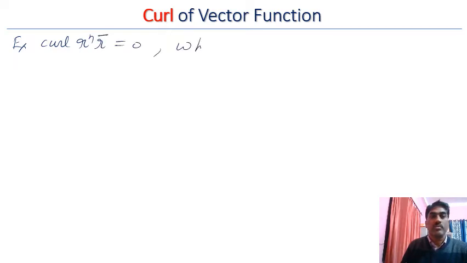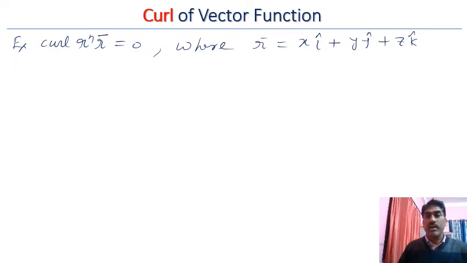Where r is the same position vector we took in the last example, xi plus yj plus zk. So in the introductory lecture and in the last lecture, we learned that if r is this position vector, then r squared is given as x squared plus y squared plus z squared.